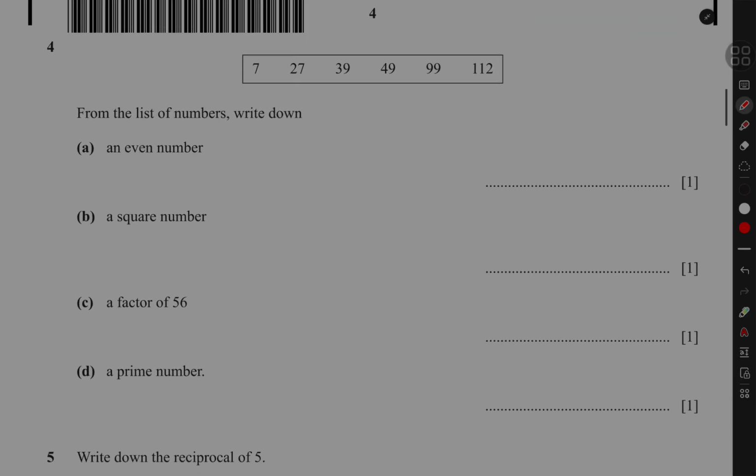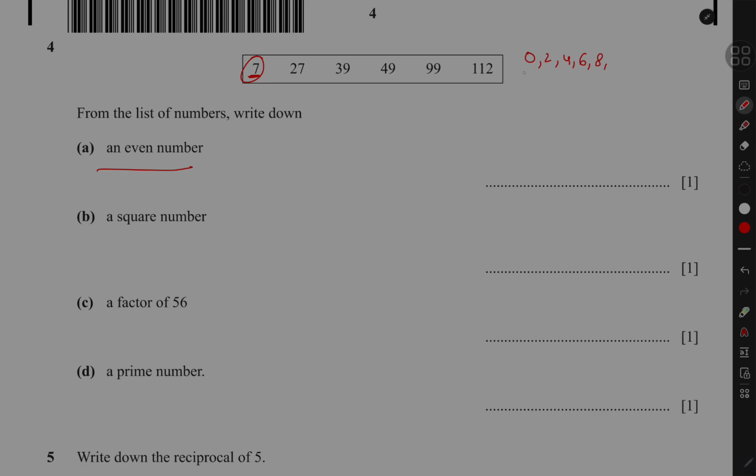Okay? Now, question 4. From the list of numbers, write down an even number. Just an even number. Okay? An even number is one that is divisible by 2, or its last digit is 0, 2, 4, 6, 8, not 10, that's just absurd, but 8.